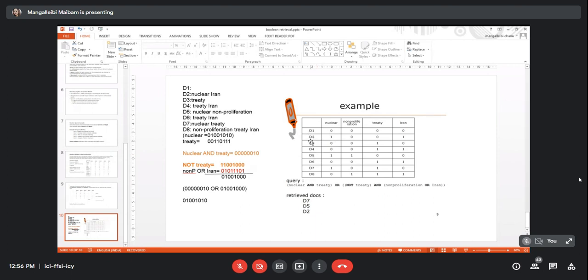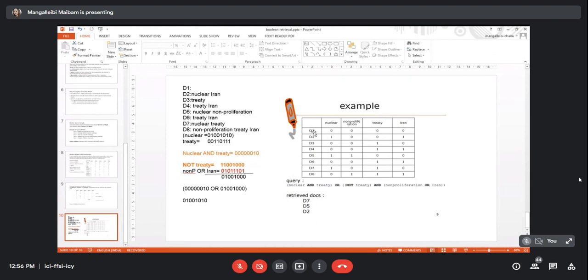So for this, D1, D2, D3, D4, D5, D6, D7, and D8, we have 8 documents. For nuclear, when you take the Boolean representation, you have to take it vertically. You cannot take it like this, because here the terms are given.